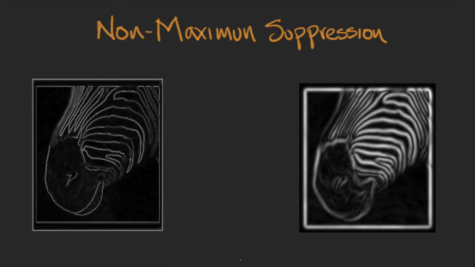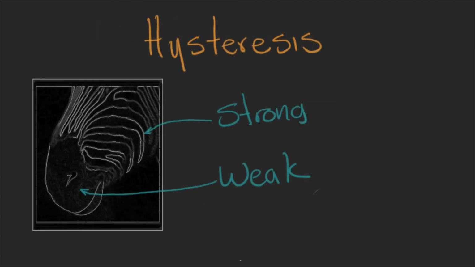The resulting image still has different magnitude values on different lines. Here we need to define a certain criterion to remove those lines that are not relevant. At this point, different approaches can be taken to improve the detection. Let's say that we select a threshold and we classify our pixels into strong and weak.